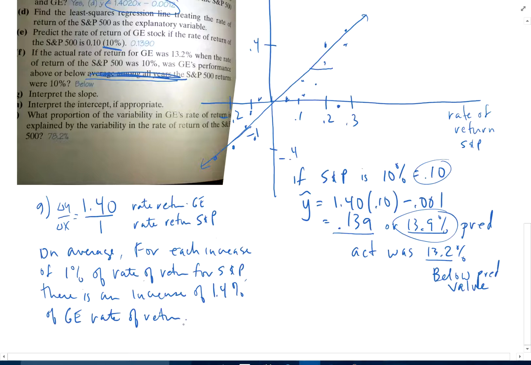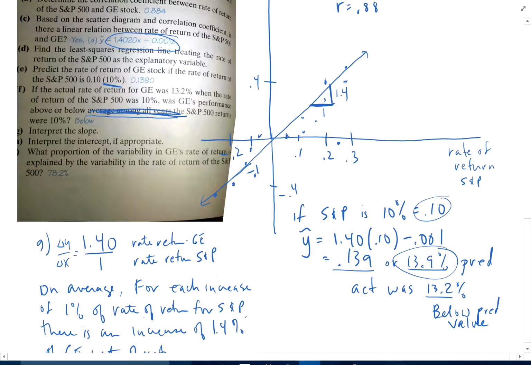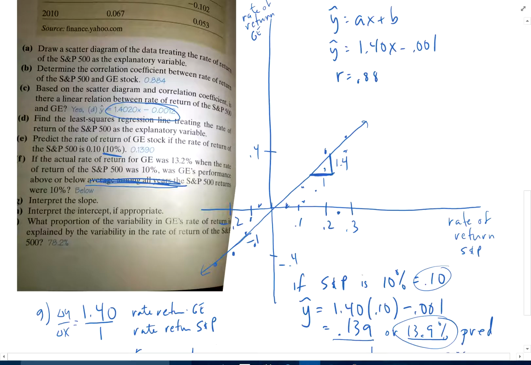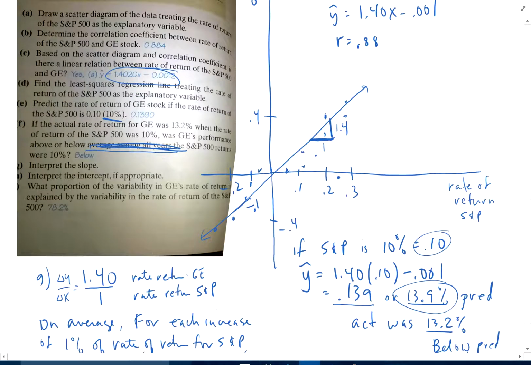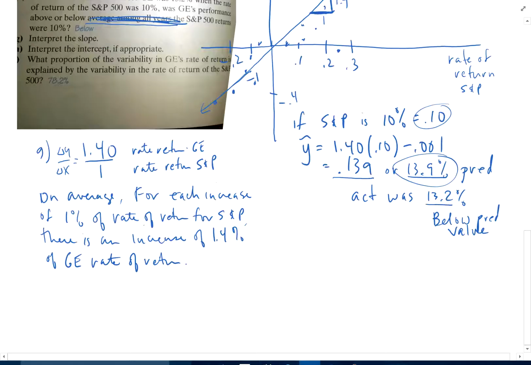Does that make sense? For every increase of 1% of S&P, there's an increase of 1.4 for the rate of return of GE.